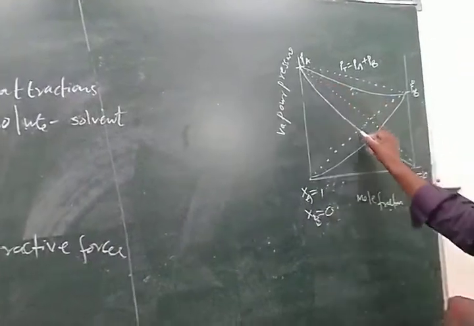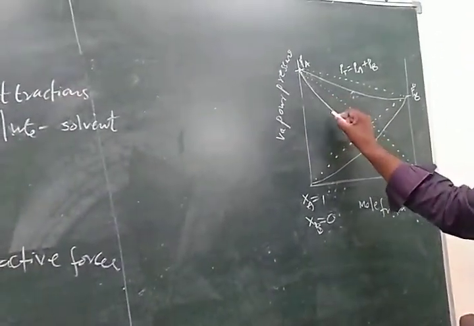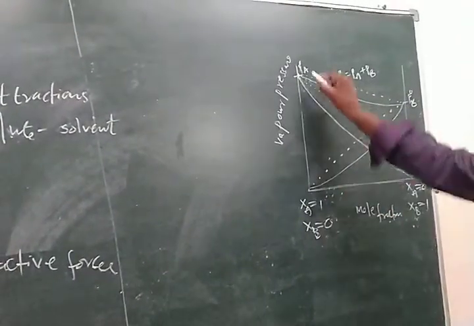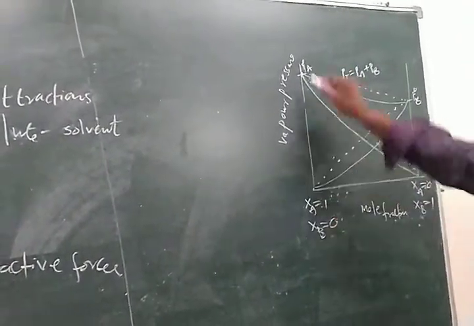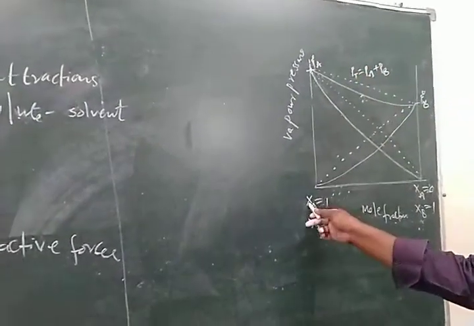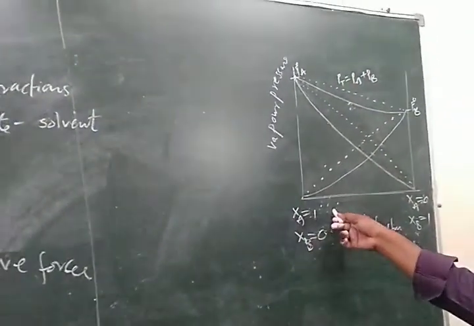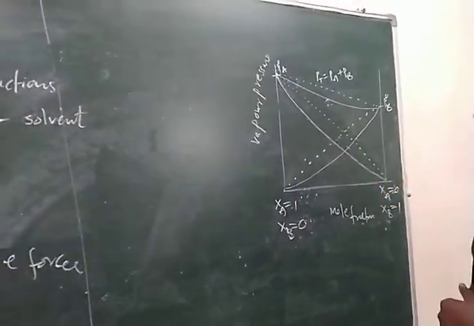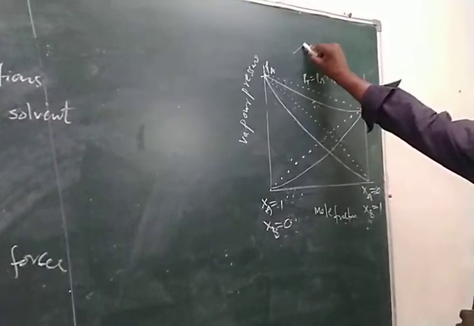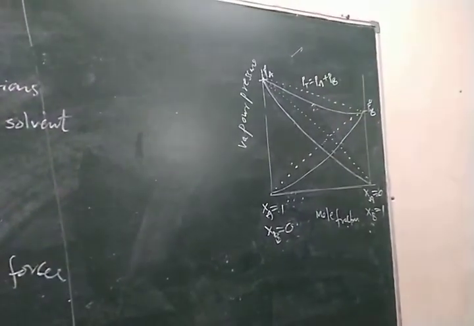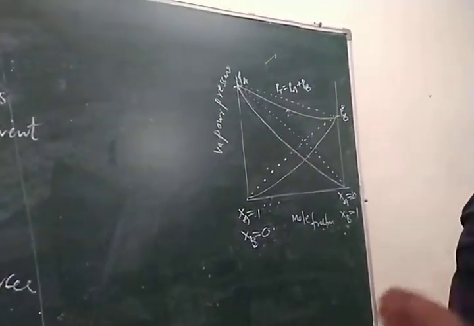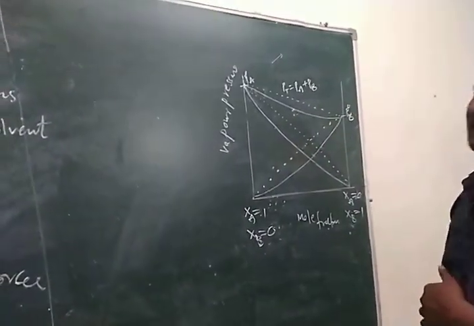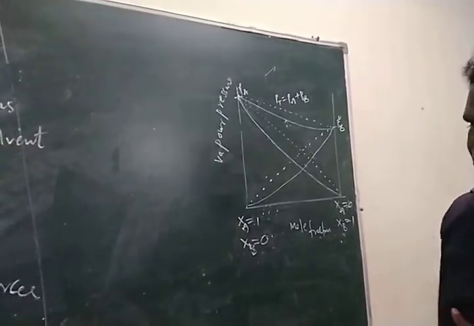But these are the non-ideal solutions showing negative deviation. Initially component A is more, its pressure is more. Then if the mole fraction of A decreases, as B is mixed, its pressure decreases. So this graph shows the solutions with negative deviations compared to Raoult's law or ideal solutions.